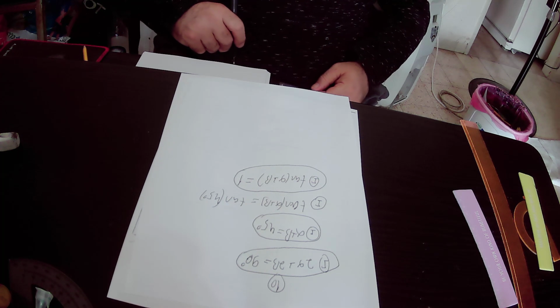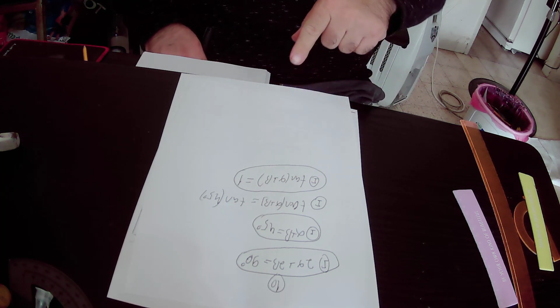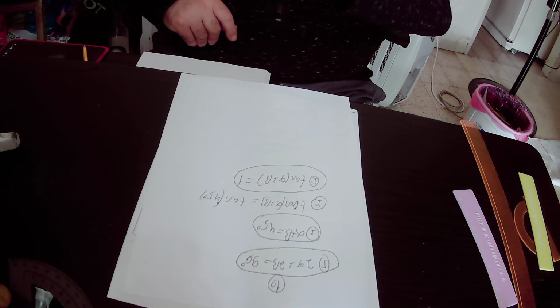We actually have a trigonometric identity for the value of tangent of alpha plus beta.